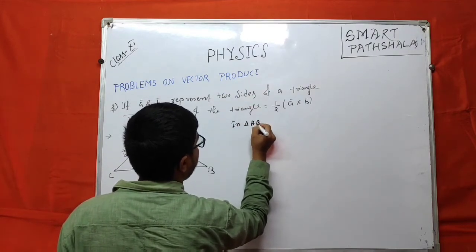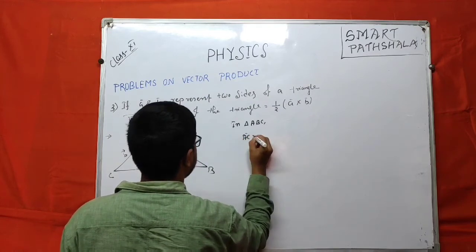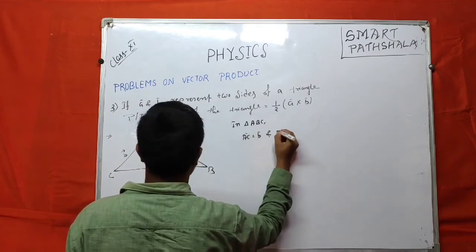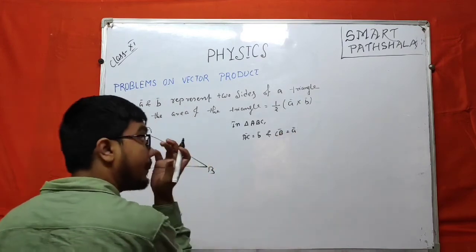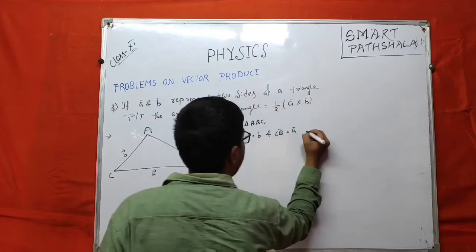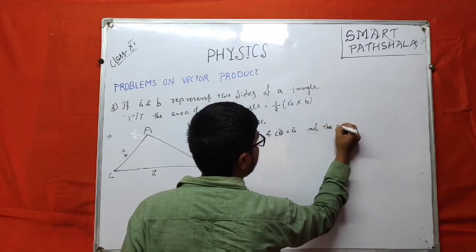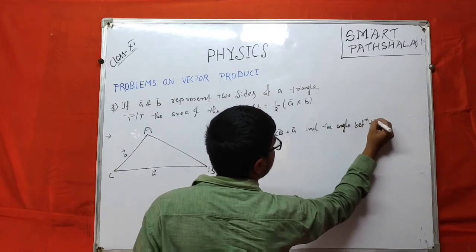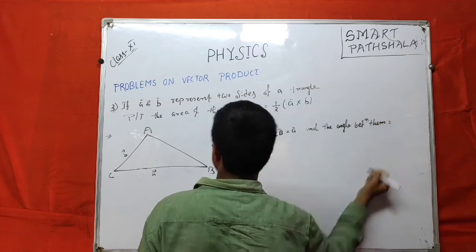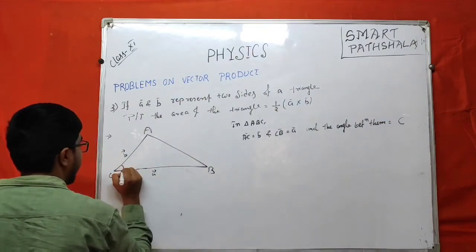In triangle ABC, AC is equal to B vector and CB is equal to A vector. Okay. And the angle between them is equal to C. That is this angle.